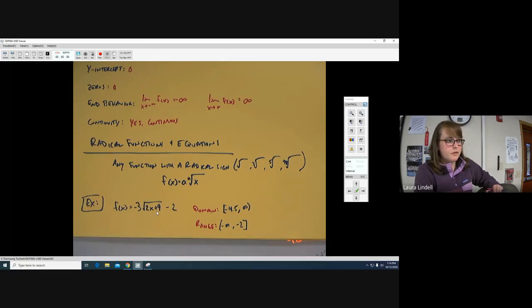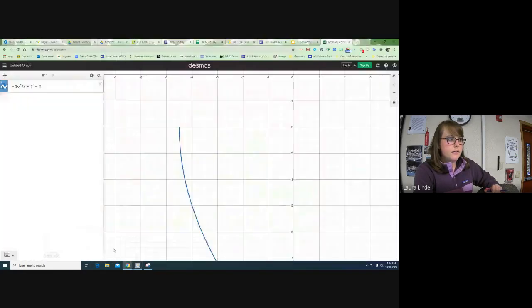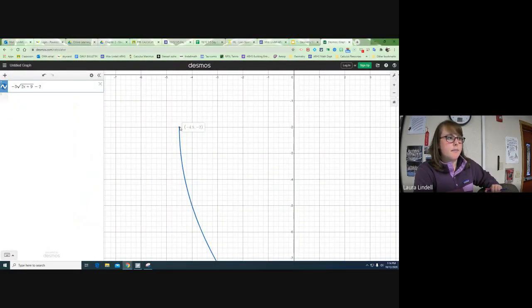Okay, so there's domain and range of radical functions. Basically, find the starting point, and then find the domain and range from there.